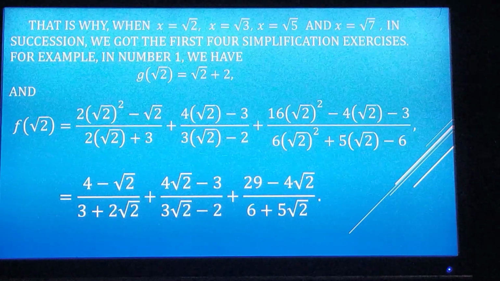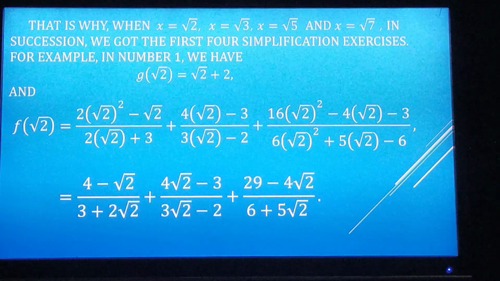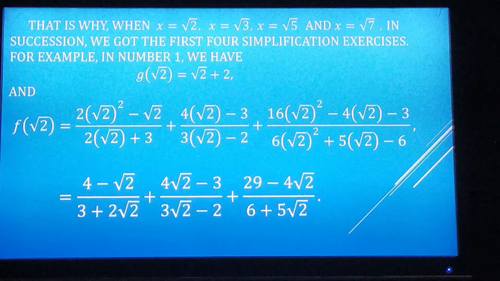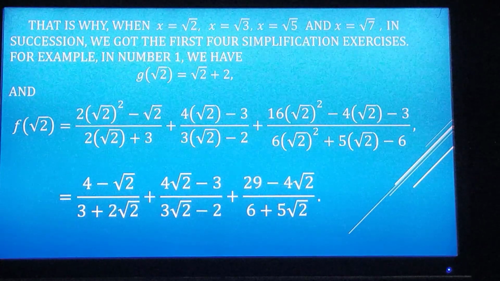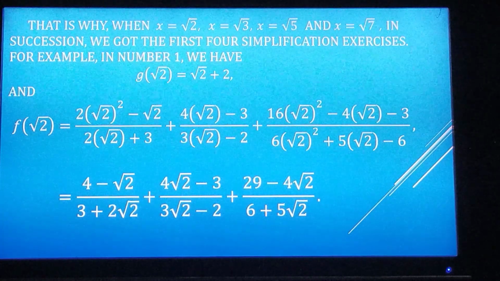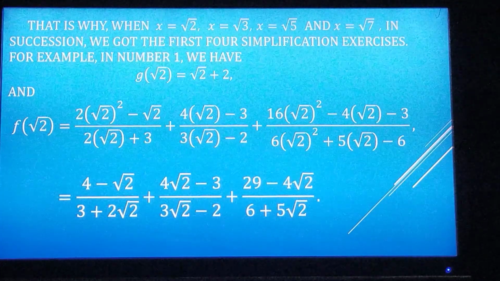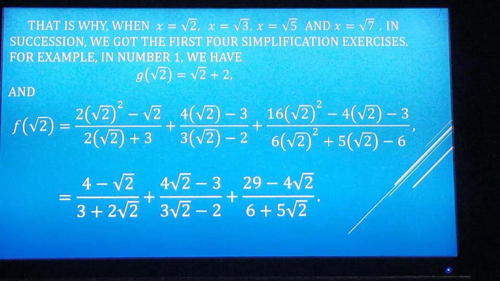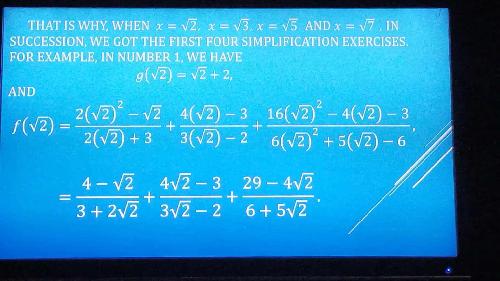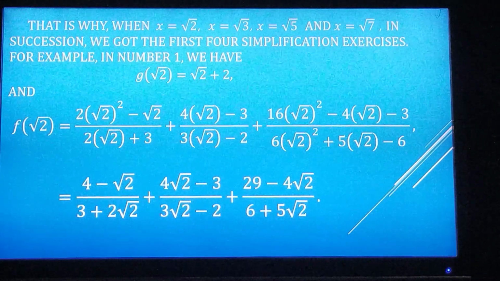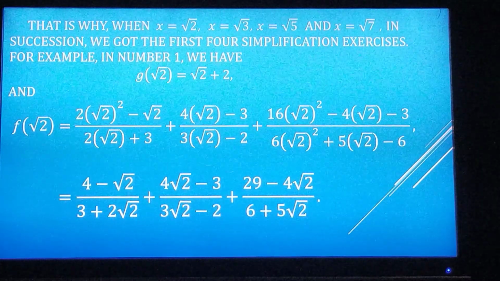So here we use x equals square root of 2, x equals square root of 3, square root of 5, and square root of 7 in succession. So we got the first 4 simplification exercises. For example, in number 1, g of square root of 2 is equal to square root of 2 plus 2.